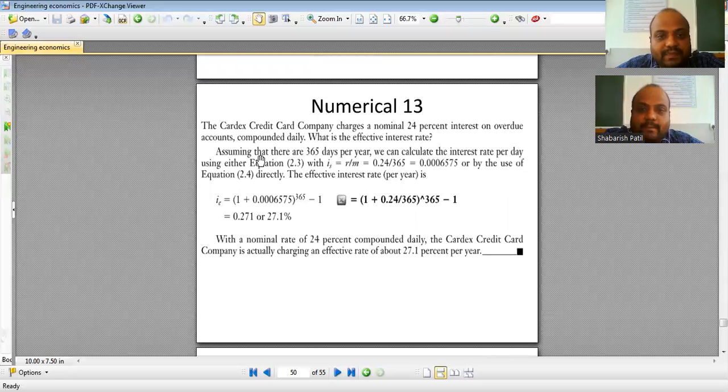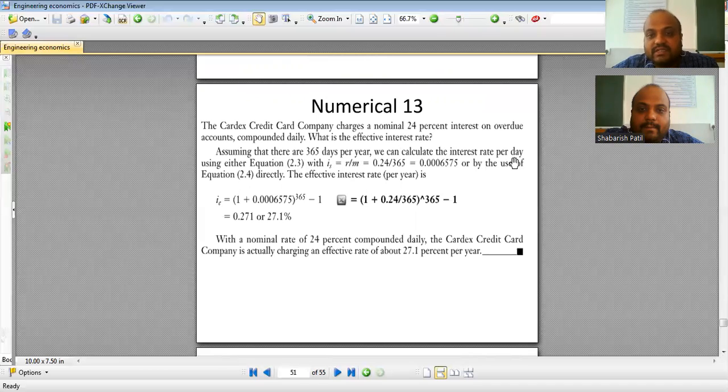Another numerical. A Cardex credit card company charges a nominal 24% interest on overdue accounts compounded daily. What is the effective interest? 24% is nominal, but it is being compounded daily. Let us assume that there are 365 days per year.